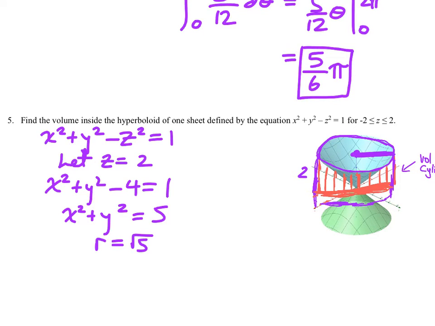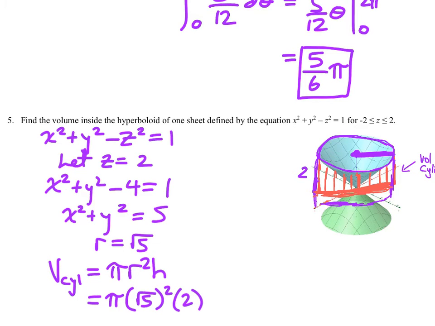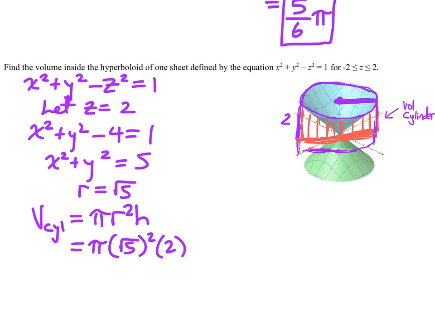All right, so I have my radius. So pi r squared h is the volume of the cylinder. So pi times square root of 5 squared times 2. So the whole cylinder is going to be 10 pi, 20 pi when we double it, but we're not there yet. All right? So at least we have that.